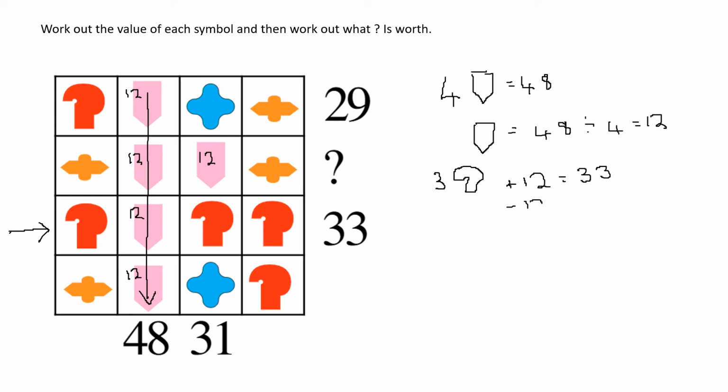So if I subtract 12 from both sides, I'm going to get that 3 red question marks are worth 21. So one of them will be worth 21 divided by 3, which is equal to 7. So I can now mark those in.